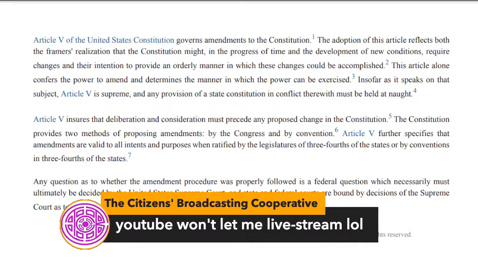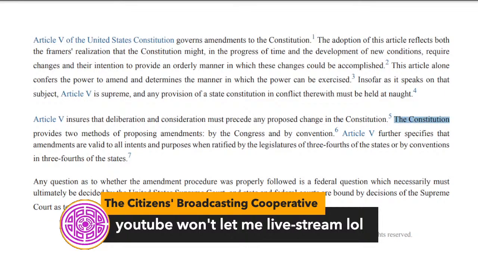Article 5 ensures that deliberation and consideration must precede any proposed change in the Constitution. See how the process is very orderly and complex for a reason.